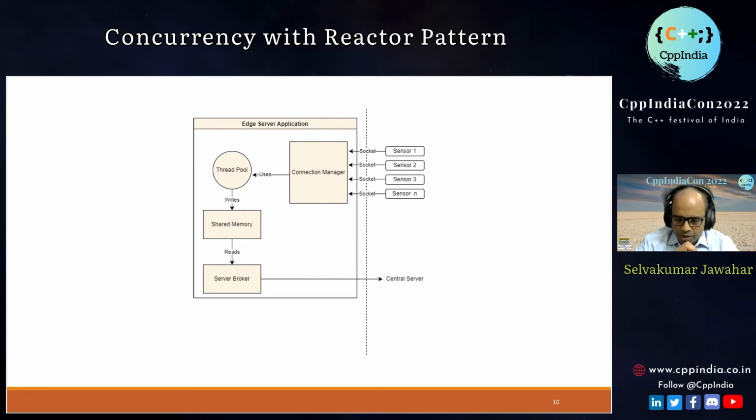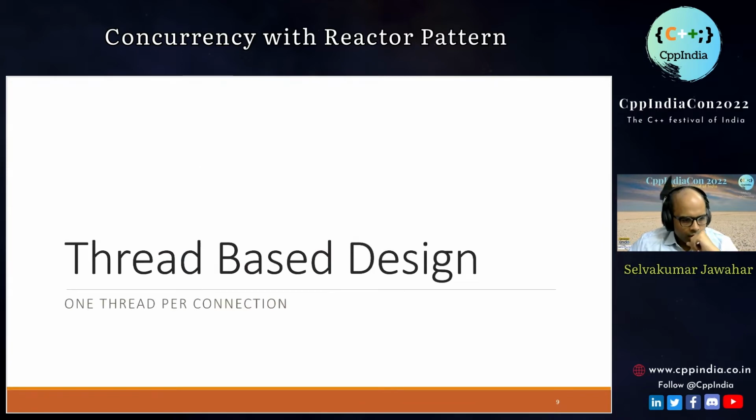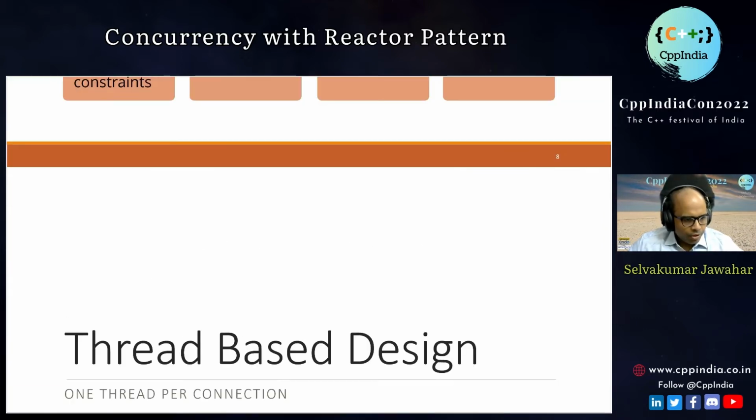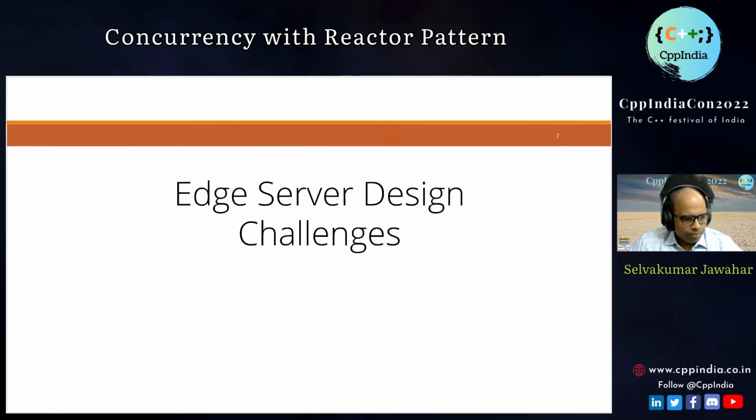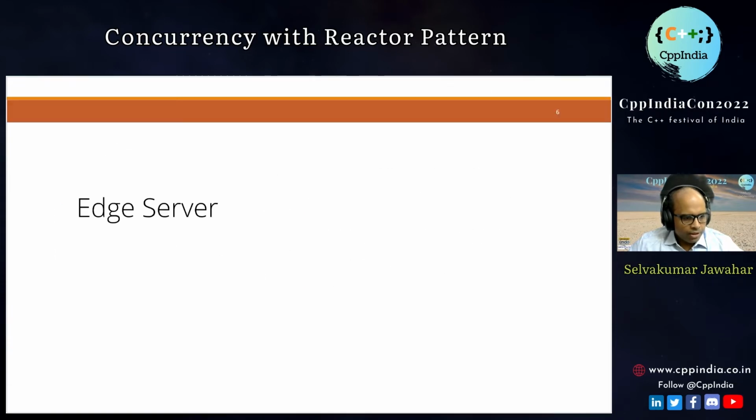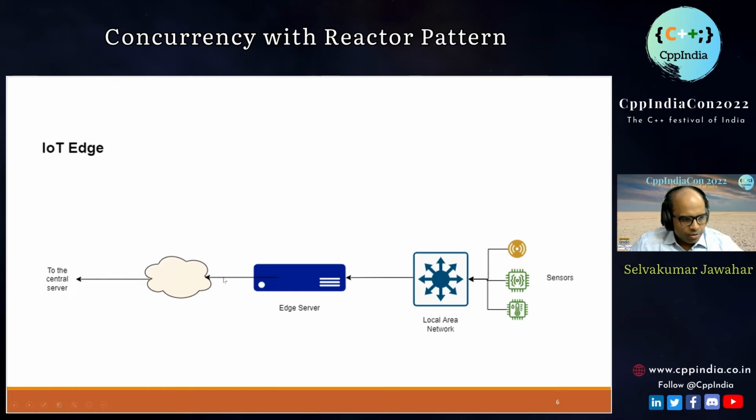So in a typical thread-based design, before we go into that, we can also look at this edge server and these sensors in a different way. We can also say that this is a generic server, and these sensors are clients.